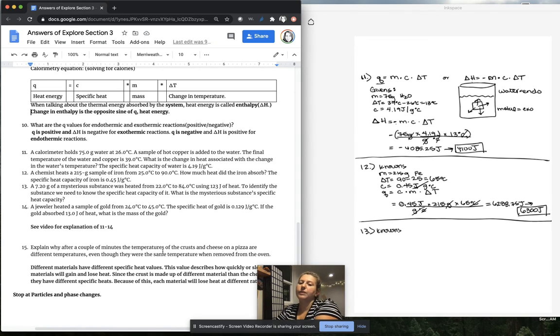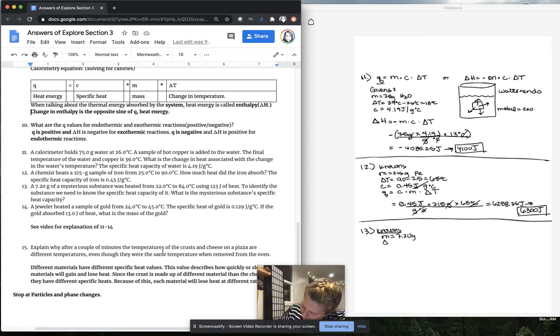So the knowns that I have for this problem are a little bit different than the previous problems because we're not solving for delta H or Q. Okay, so in our mystery substance, we know that the mass is equal to 7.20 grams.